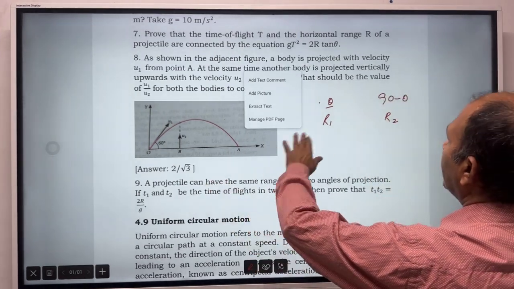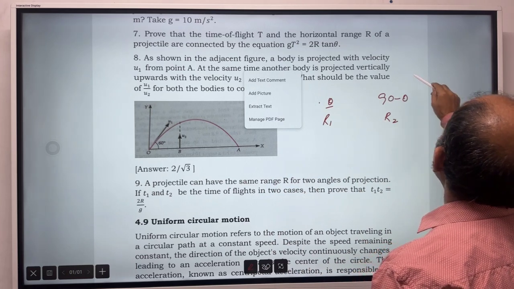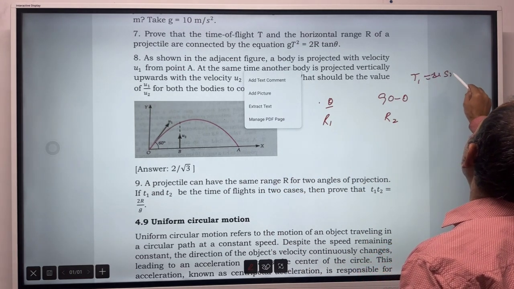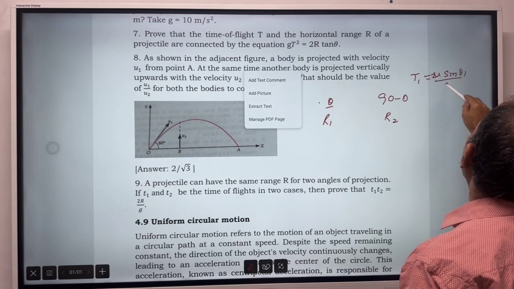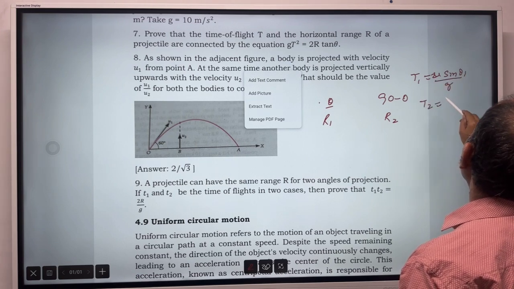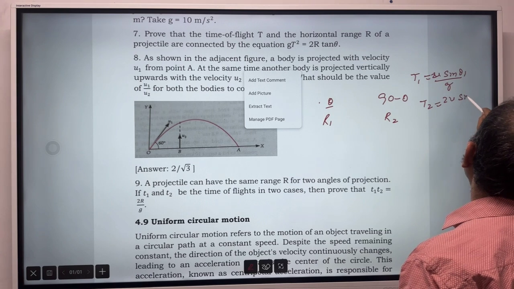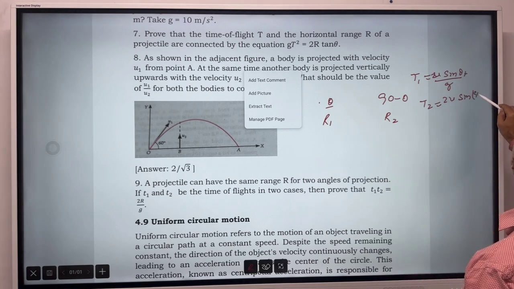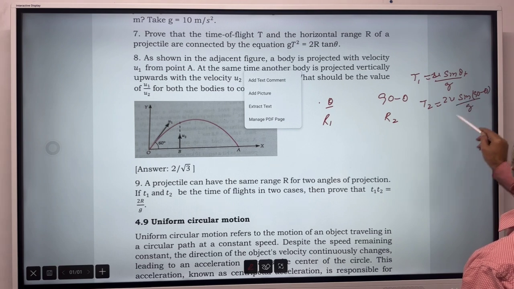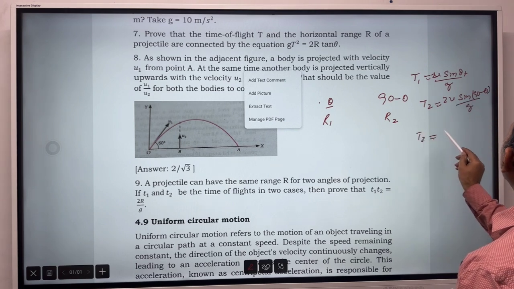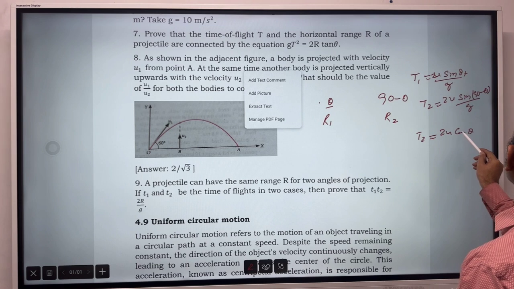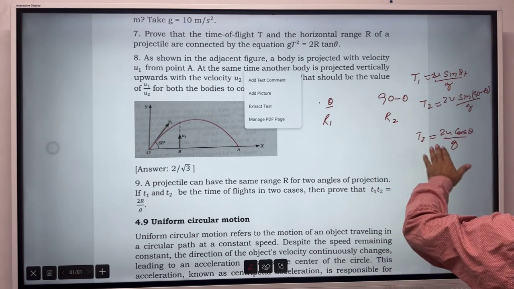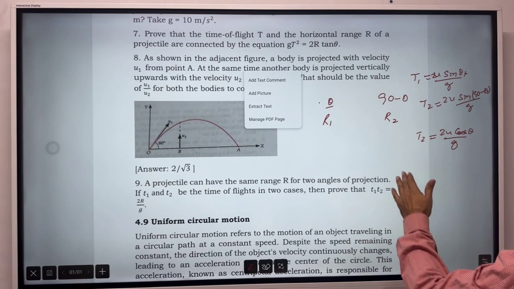As you know, the time of flight for the two cases, t1 is equal to 2u sine theta upon g, and t2 will be 2u sine of 90 minus theta upon g. So t2 will be equal to 2u cos theta upon g. t1 is 2u sin theta upon g, t2 is 2u cos theta upon g.